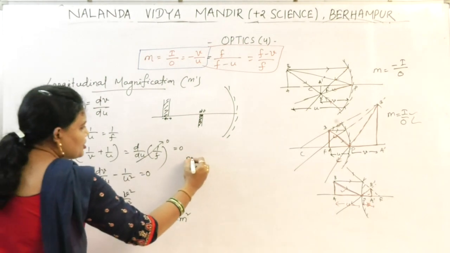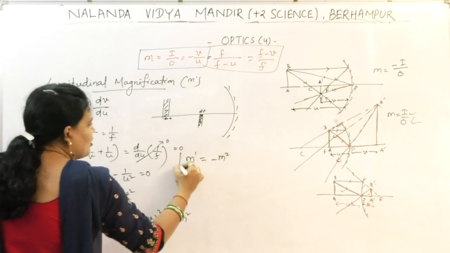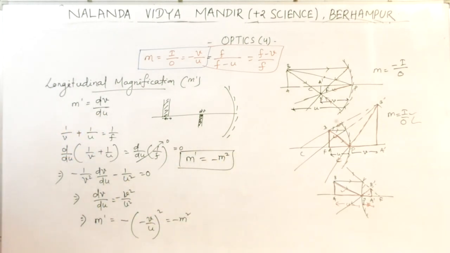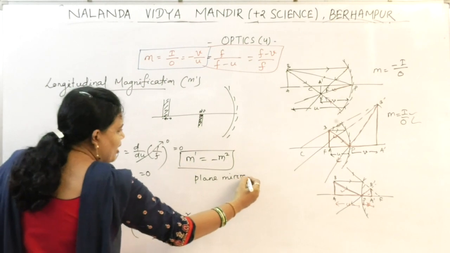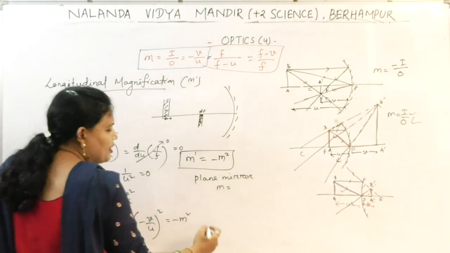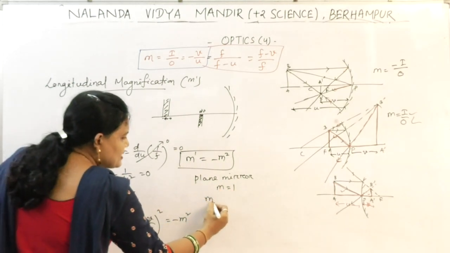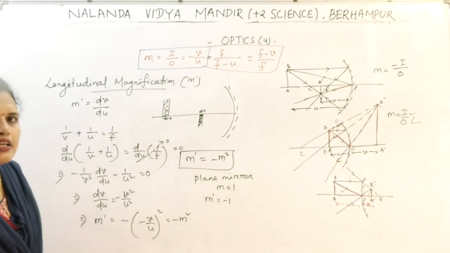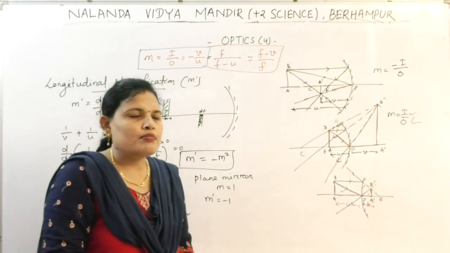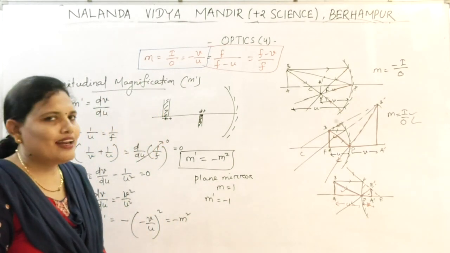So this is the relation between the linear magnification and the longitudinal magnification. Let us take the example of a plane mirror. For the plane mirror, as we know, m equal to 1, that means the height of the object is equal to the height of the image. So m equal to 1, then what is M dash? M dash equal to minus 1. That means if we raise the right hand, then in the plane mirror we see it as the left hand.